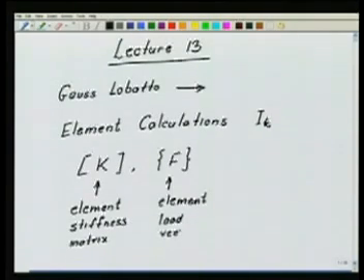Okay, so before we go and do the process by which we will obtain the entries of the element stiffness matrix and the load vector, let us fix certain ideas. Fix essentially what we want our finite element program to do.